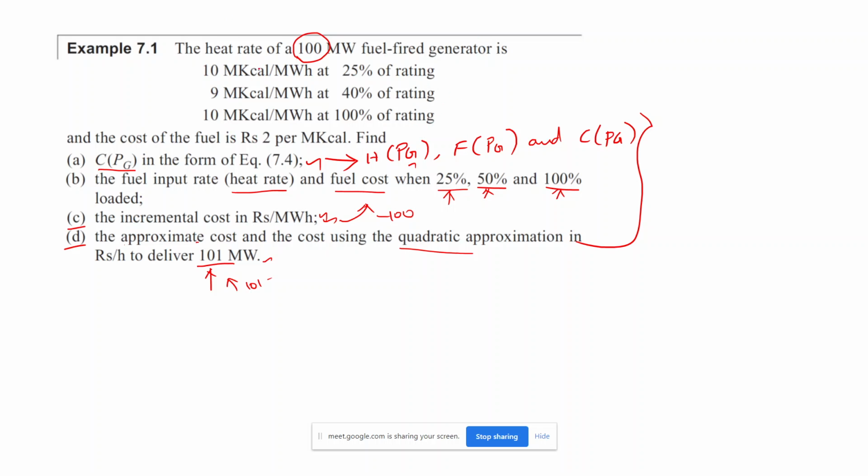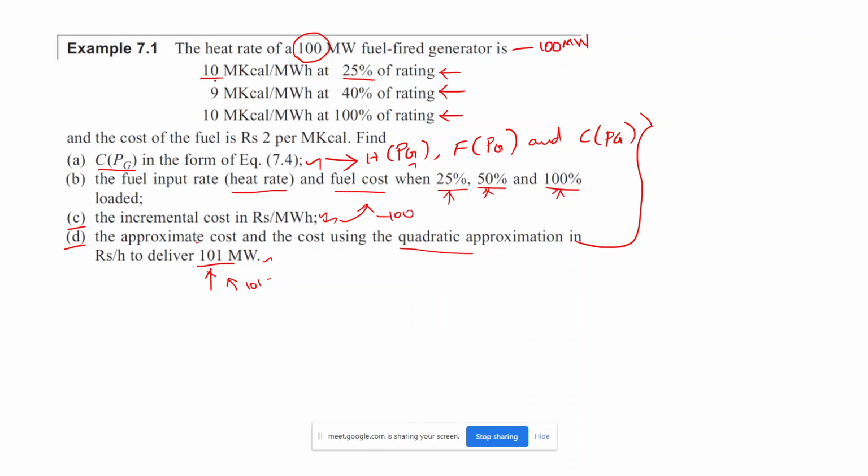So the heat rate they have given. These are all the heat rates. The heat rate of a 100 megawatt fuel fired generator means this is the rated. The rating of this generator is nothing but 100 megawatt. So this generator is rated up to 100 megawatt. If this 100 megawatt generator is running at 25% of the rated, the heat I am producing is 10 kilocalories per megawatt hour.